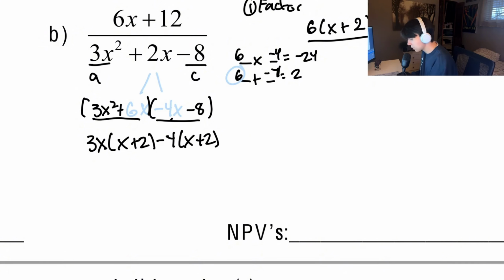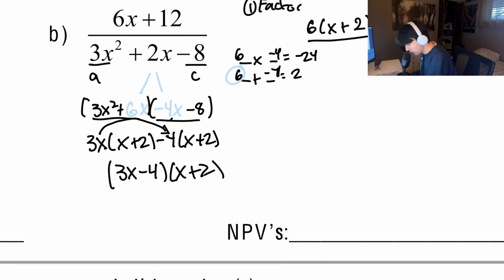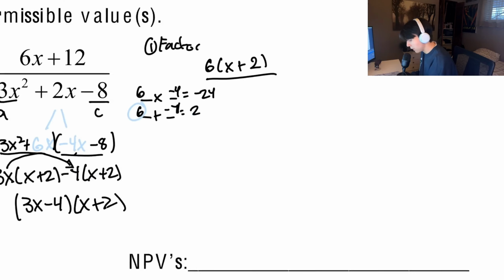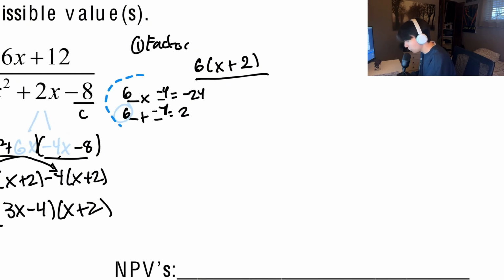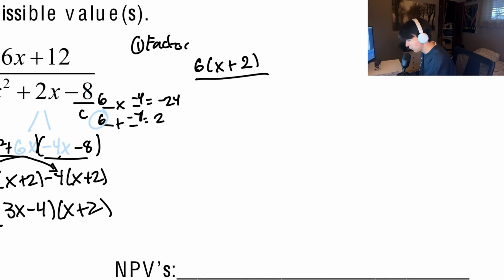So you get 3x(x + 2) minus 4(x + 2). Remember that we're grouping these two. You get (3x - 4)(x + 2) as your factored version. So we're going to plug that back into our denominator here.